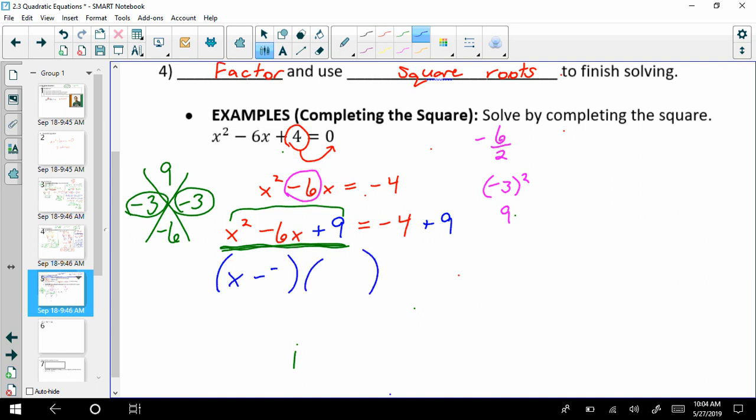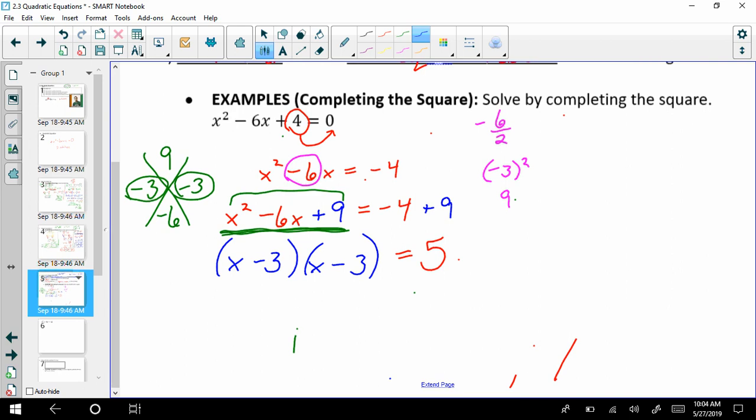So x minus 3 and x minus 3. On the other side, I can combine like terms. -4 plus 9 is 5. And now in the math world, when we did the factoring unit, I said, hey, if you factor something and it looks exactly the same, we can actually just write it once with a square.